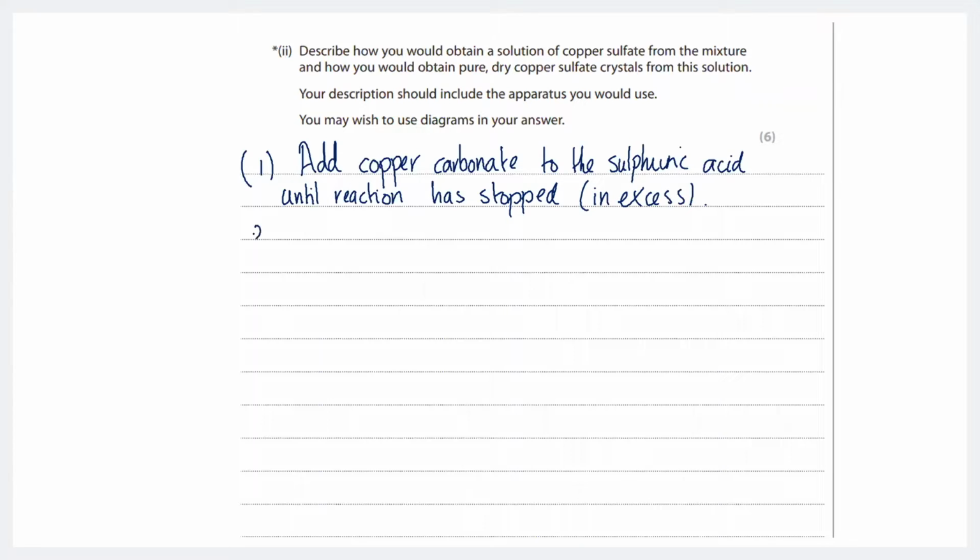Okay, so what you do then, you use a funnel and filter paper to filter the excess copper carbonate.